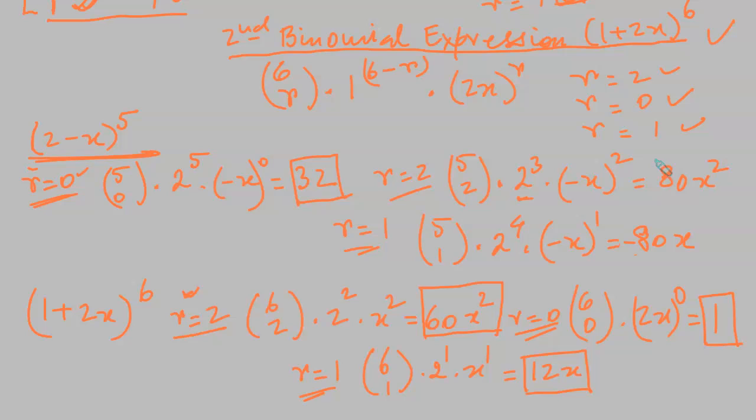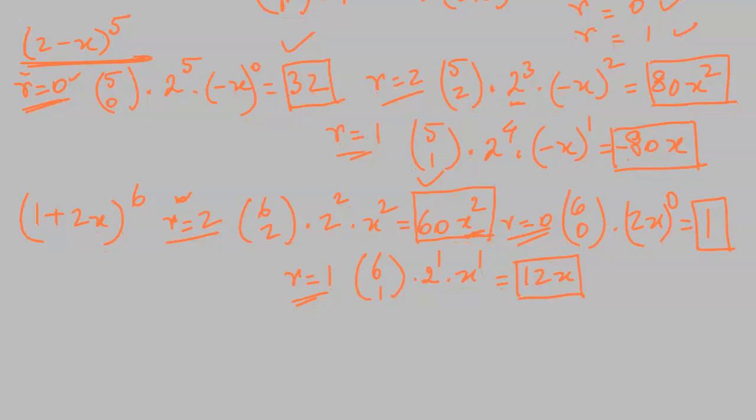So, this one, and this one. Okay. So, now what do we do? This is the first one and this is the first one. We will be just multiplying these two, and obviously when 32 gets multiplied with 60x square, the term will have x square, which we need. So, let us do that.